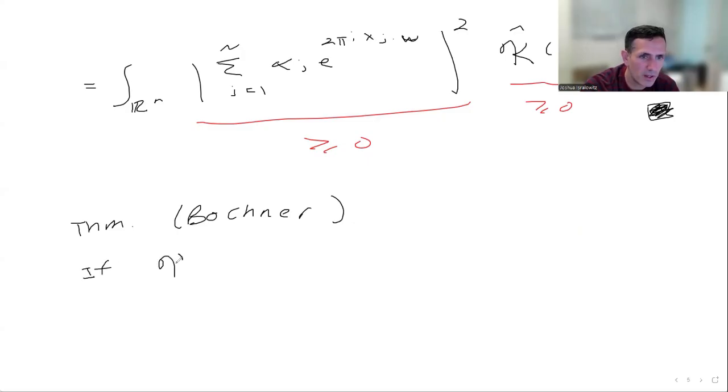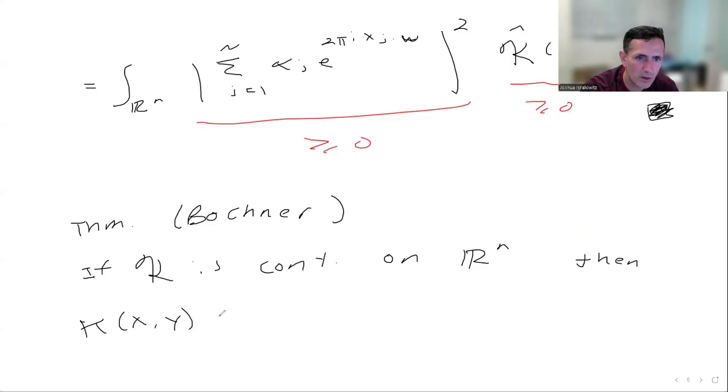If script k is continuous on Rn, then k of x, y equals script k of x minus y, and I need to assume it's also L1.